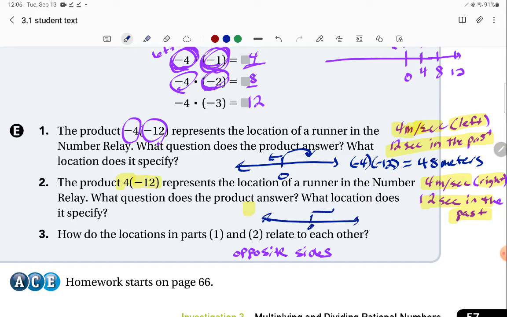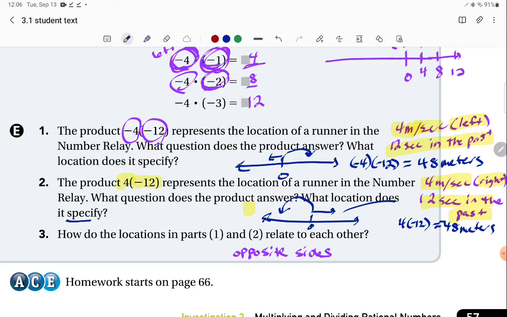You're running to the right, but thinking 12 seconds in the past, you're over here. It's going to be a negative answer, right? So 4 times -12 gives you a negative 48, in this case meters, if you wanted to identify, because it does say what location.